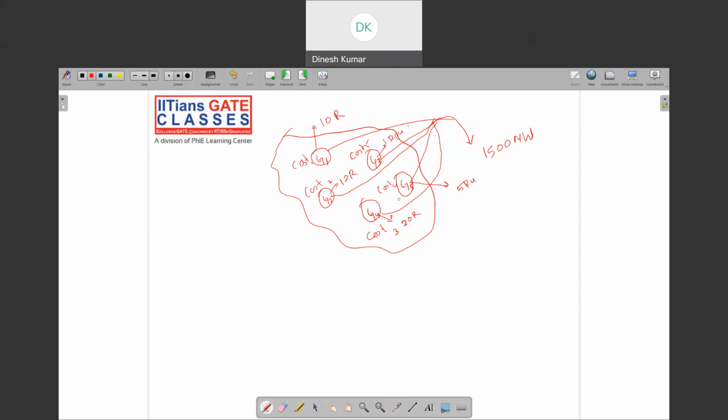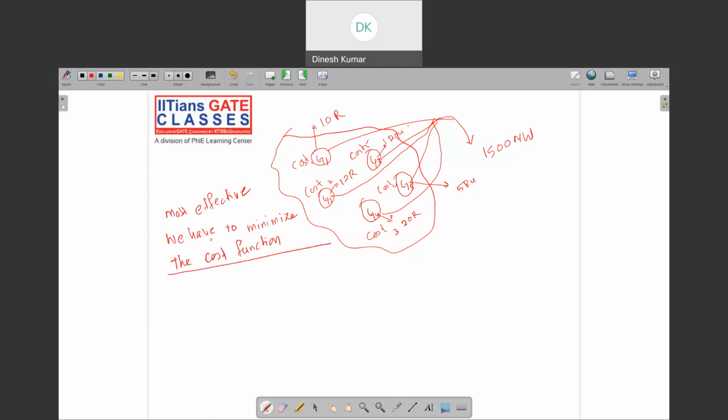So what is the most effective way of distributing the load such that the cost is minimized? We have to minimize the cost function. This is the most important part in economic load dispatch.